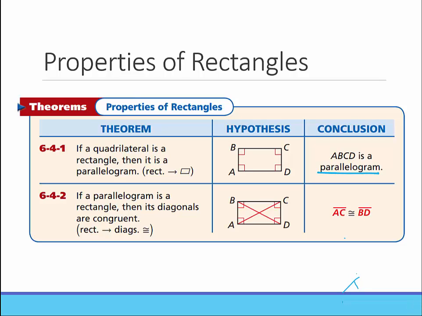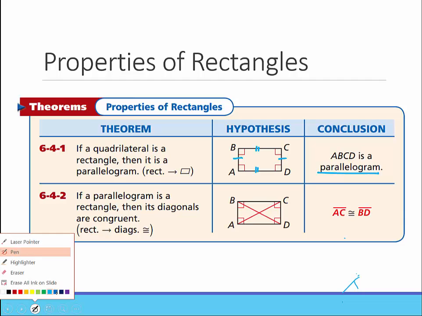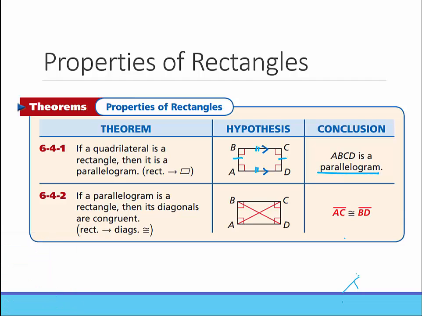Remember, parallelograms mean that we have opposite sides that are congruent. It means that we have opposite sides that are parallel. So this is parallel to this one, and this one. It tells us stuff about the angles. Remember that this angle here has to be congruent to that one there, and then same with these, but we know they're 90 degrees, so we know that's true.